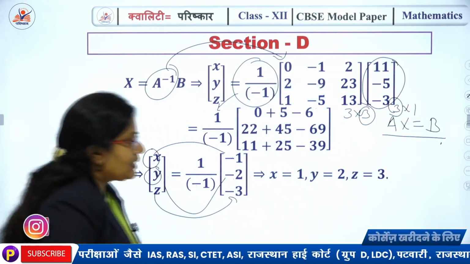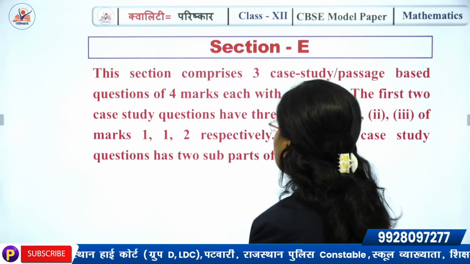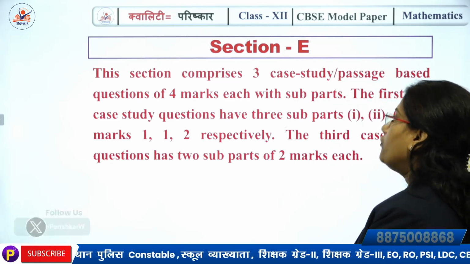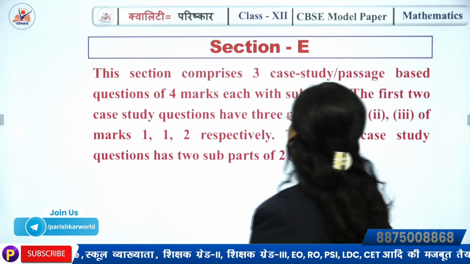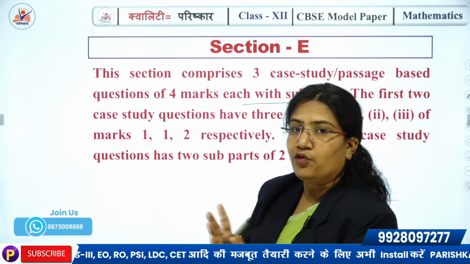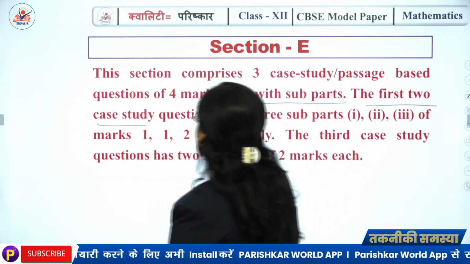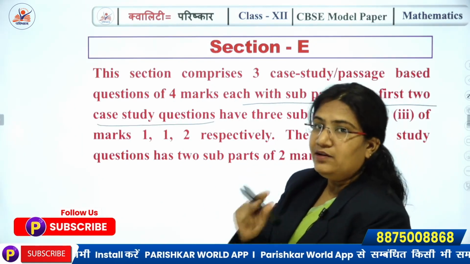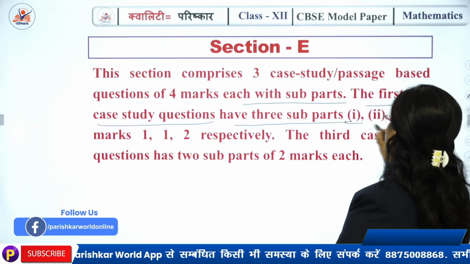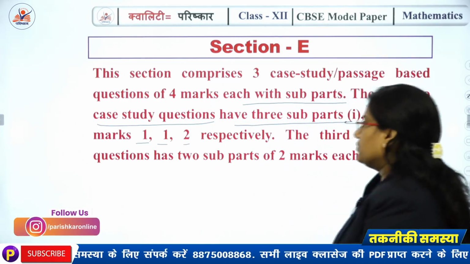Okay students. Now next question is, now we have section E. This section comprises of 3 case study passage based questions of 4 marks each with subparts. In this section E, we have 3 questions of 4 marks each. The first 2 case study questions, that means question number 36 and question number 37, have 3 subparts, subpart first, second and third of mark 1, 1 and 2 respectively.